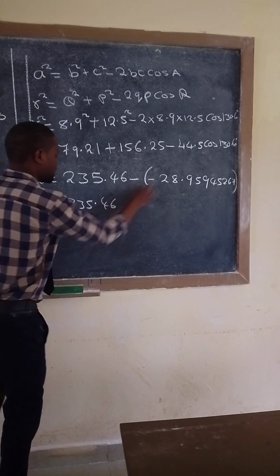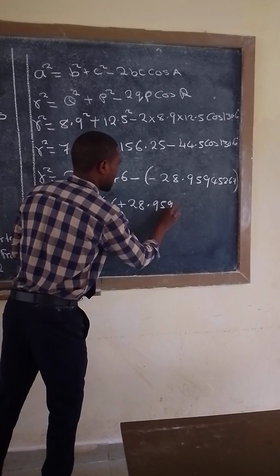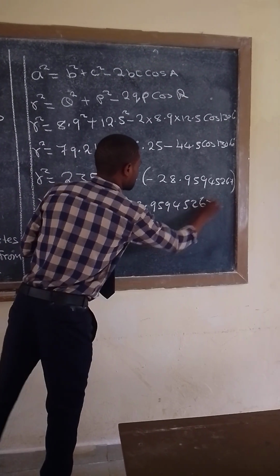Then r squared is equal to 235.46, and negative times negative is positive 28.95945267.